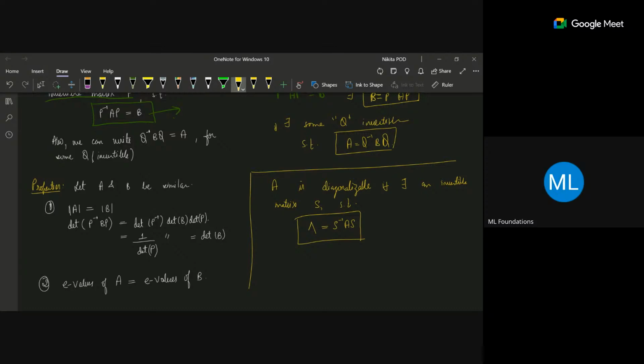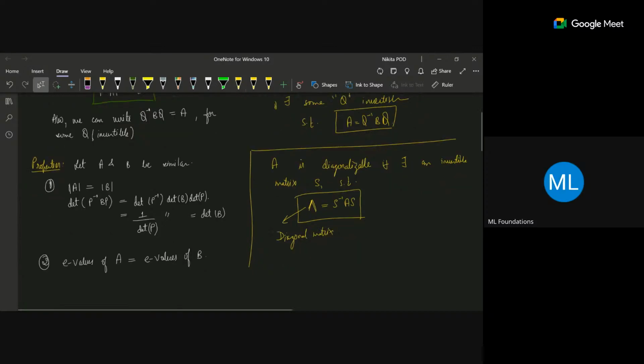Here this is gamma, but this is a notation for a diagonal matrix. I will not be using this gamma over here, I will mostly use a D. I'll just write D equal S inverse AS.